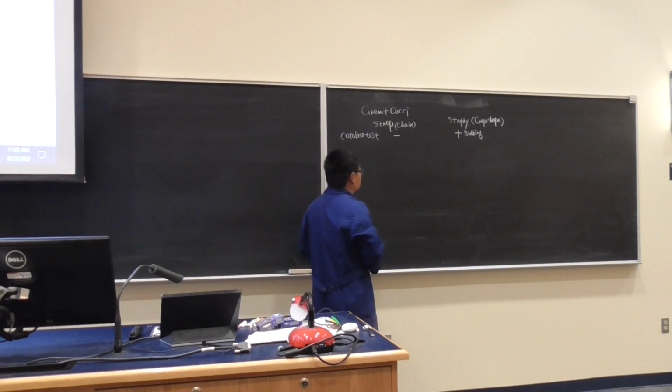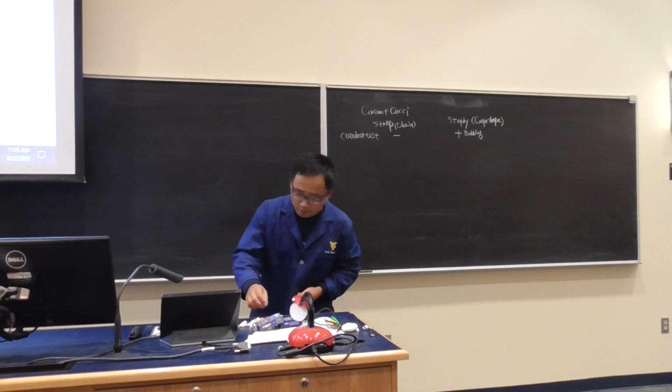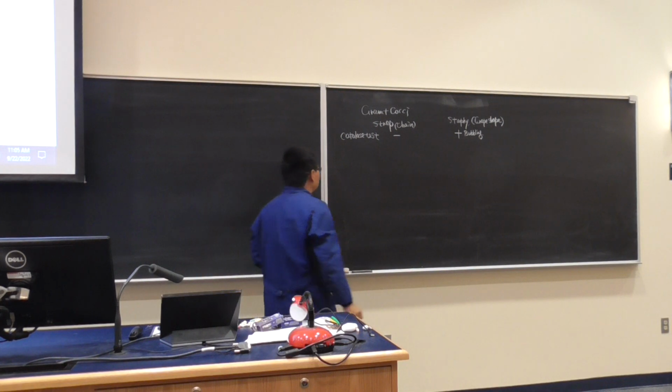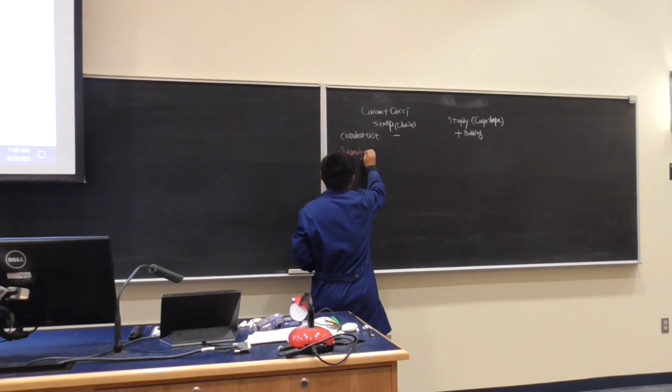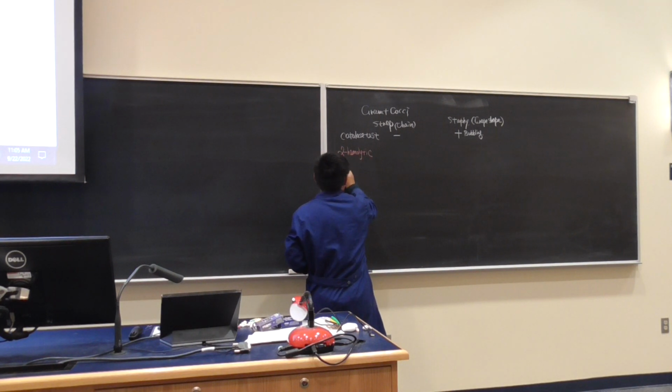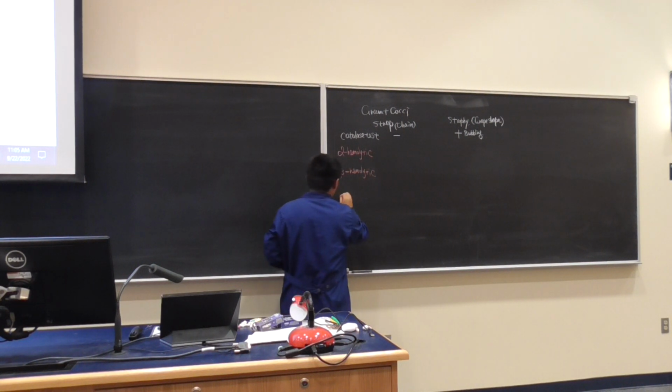Okay? So this is the basic thing. Then we talk about each of these one by one. For Streptococcus, we talk about alpha hemolytic and beta hemolytic. And of course, we mentioned gamma hemolytic. This is all done on blood agar.